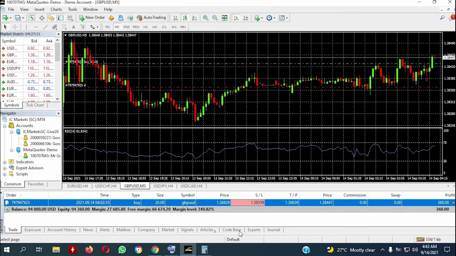So I'm waiting on this candle to close, and see how the market moves after the closing of this candle. Now we're in $500 profit. The market is pushing up, trying to break through the resistance on the left hand side.